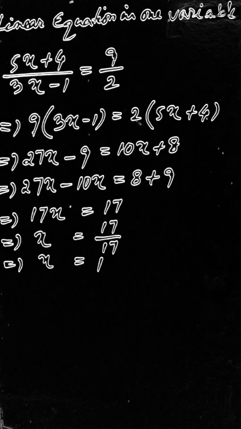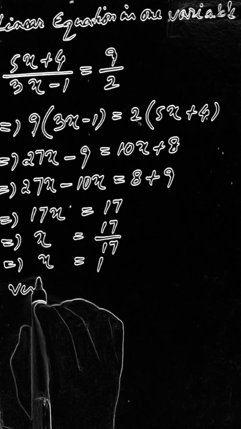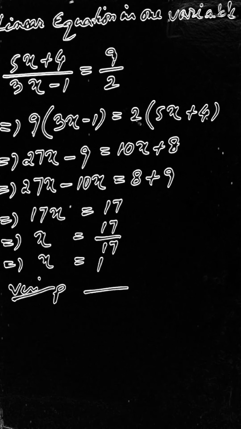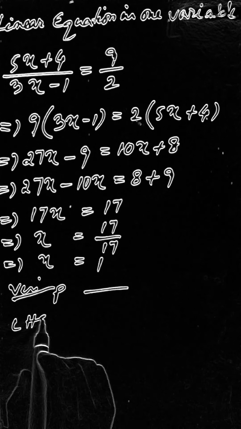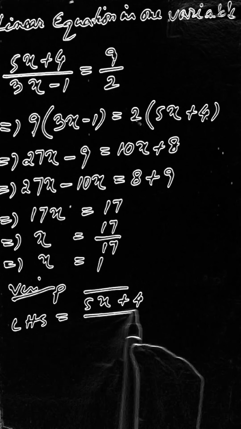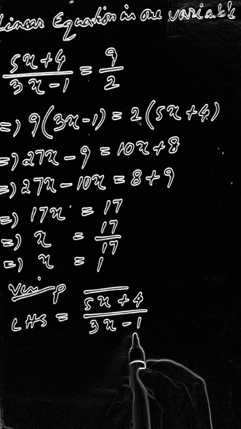Now we'll do the verification part. So here verification, then putting all those you please write. Now I find x on the left hand side alone. That means putting x equal to 1 on the left hand side of the equation we get. So now left hand side is how much? 5x plus 4 divided by 3x minus 1.